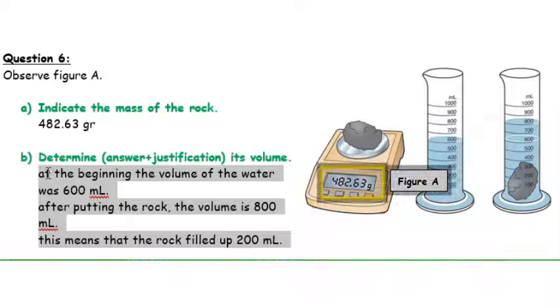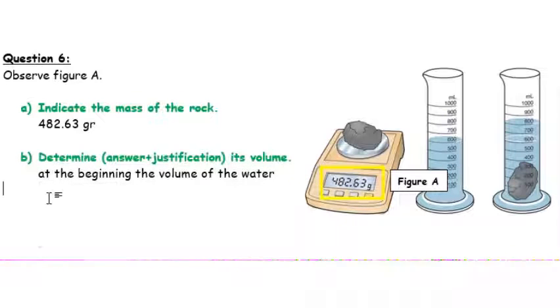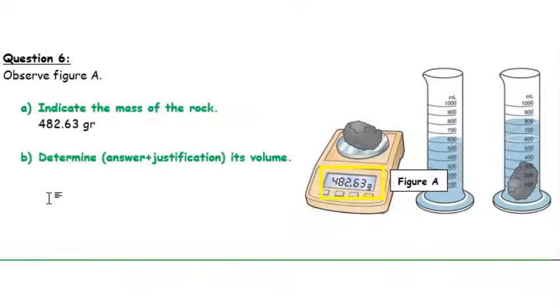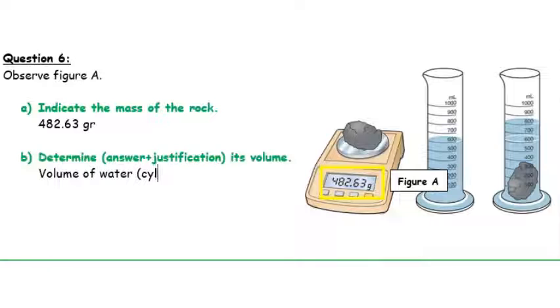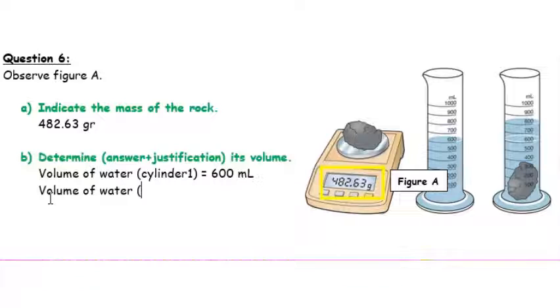I will repeat. Okay? So we have the water in the first cylinder. Volume of the water in the first cylinder is equal to 600 milliliters. The volume of the water in cylinder 2 is 800 milliliters.